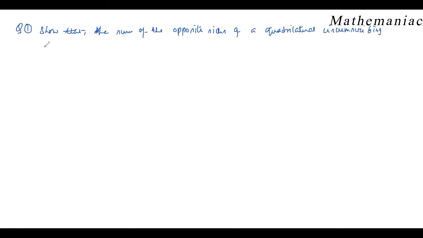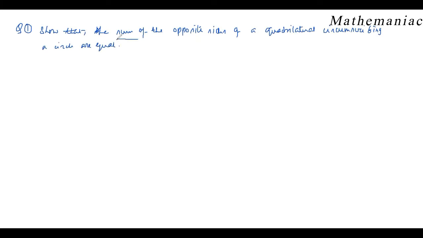So I'm writing like this: the sum of the opposite sides of a quadrilateral circumscribing a circle are equal.